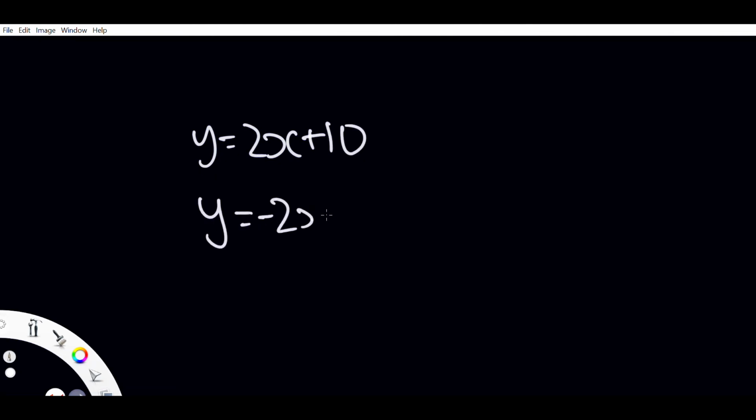So we have y is equal to 2x plus 10 and y is equal to negative 2x minus 6. So right off the bat, we can see that the values are given to us straightforwardly. So we can say negative 2x minus 6 is equal to 2x plus 10.